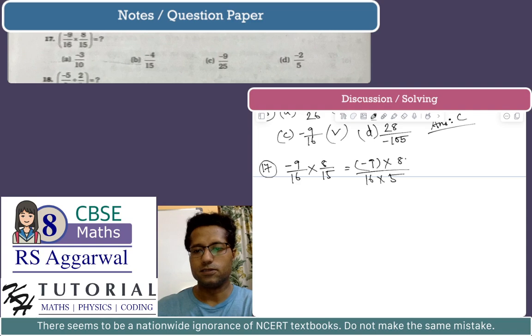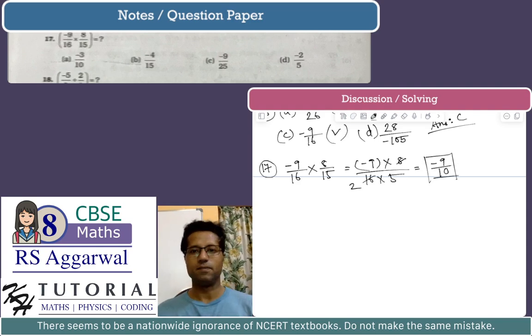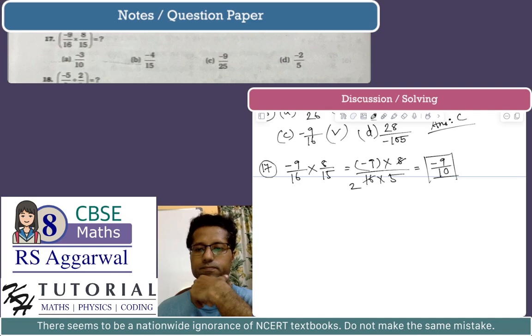So 8 divides 16 with 2, so we get minus 9 by 10. So the answer is minus 9 by 10, and it is not in the choice.